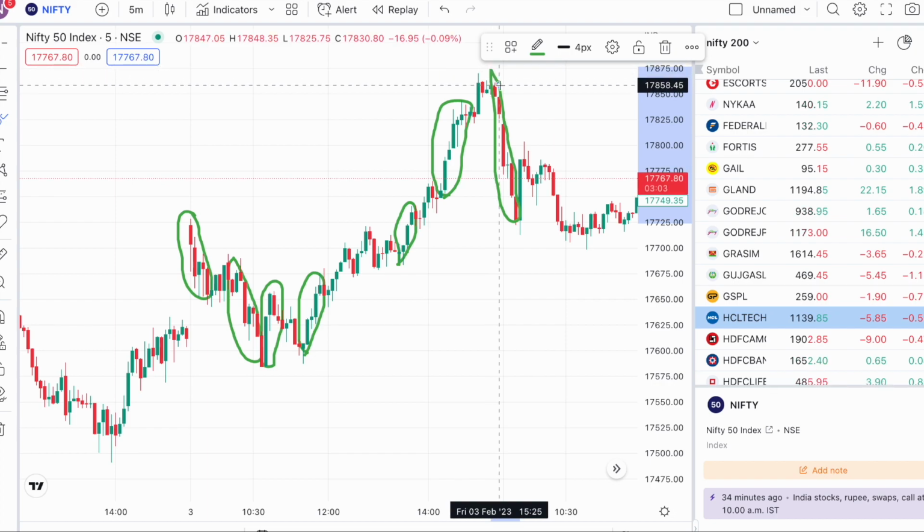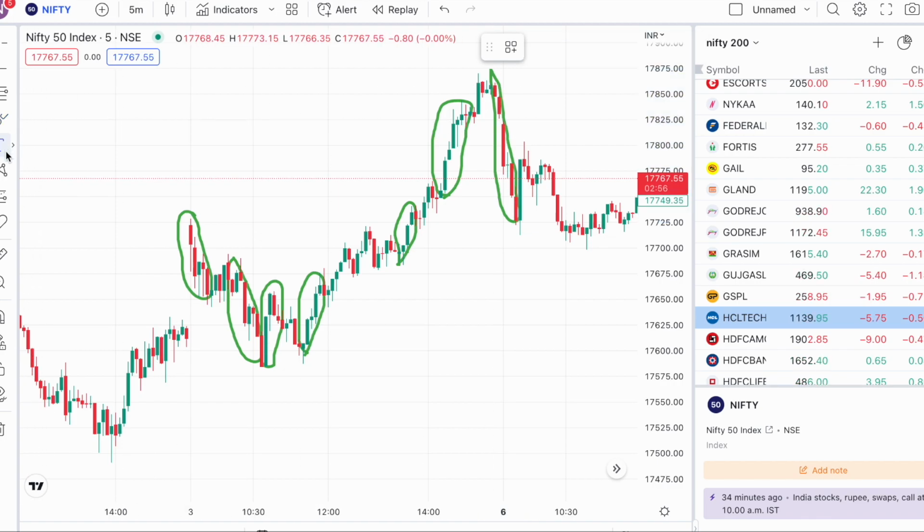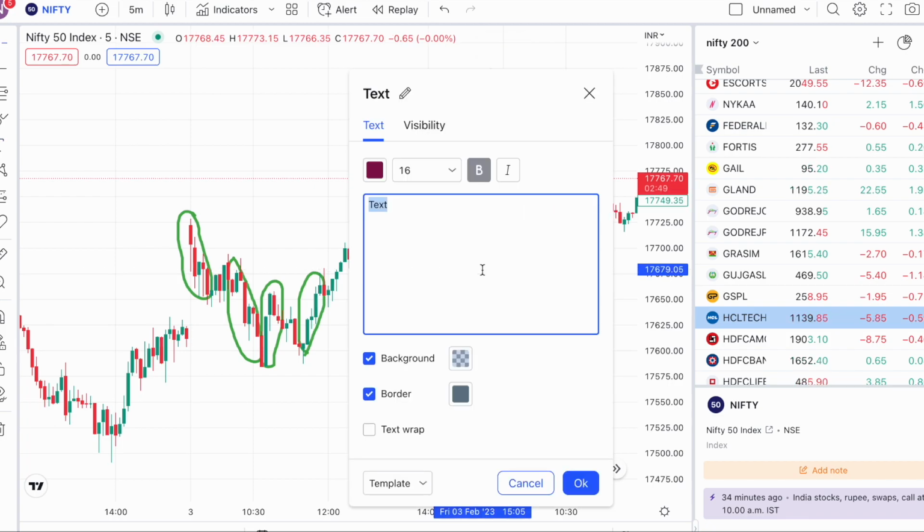There is no such hard and fast rule to consider an impulsive move. But if you want me to give you a guideline, first you need to consider a strong candle, then look for a combination of candles of the same color which has strong candles in it.